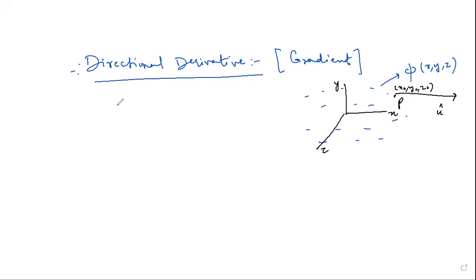That we called directional derivative, and that was denoted by d phi by ds.